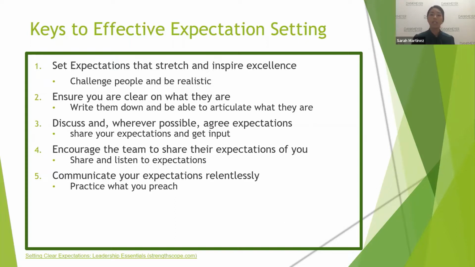So ensure that you're clear on what those expectations are, and ways that we can go about the clarity of expectations is to either write them down or to articulate them. So communicate. Have that verbal exchange with somebody when you are developing expectations. So discuss wherever possible, agree expectations. I know the wording on that, number 3, is a little bit odd, but it's straight from the site.